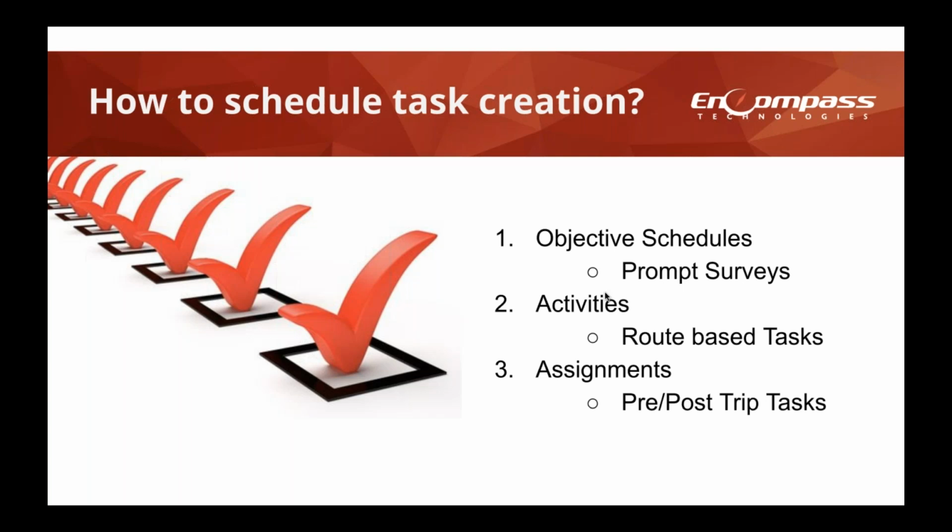So if you want a user to go into an account and get prompted for a display survey or a tap handle survey, objective schedules are typically the best way to handle that, right? They're on a reoccurring basis, when you want them to be scheduled, and they're upfront in that user's phase when they go into those accounts.